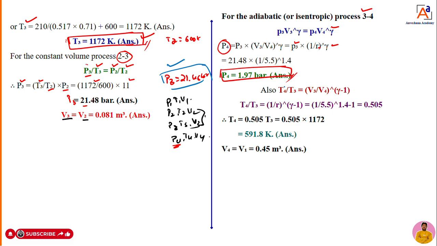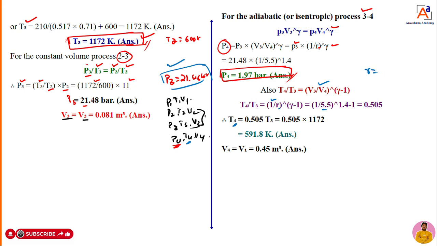Now, we don't know the value of T4 also. That also we can calculate here now. What is T4 by T3 equal to? We have the equation. Dear students, we have to follow V3 by V4 to the power of gamma minus 1. So T4 by T3 is equal to 1 divided by R to the power of gamma minus 1. R value we already calculated, right?